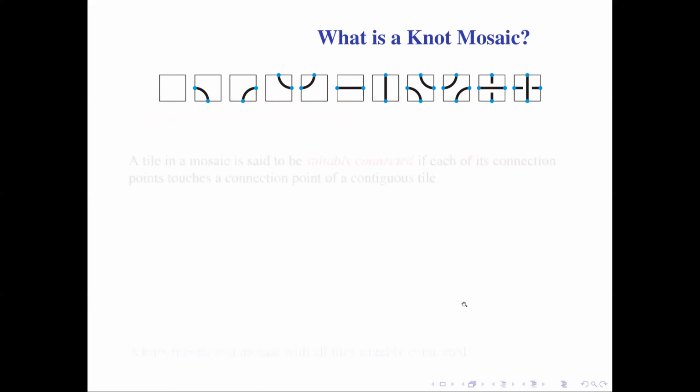Now, let's take a look at the 11 tiles. In each tile, the endpoint of a curve in blue is called a connection point.